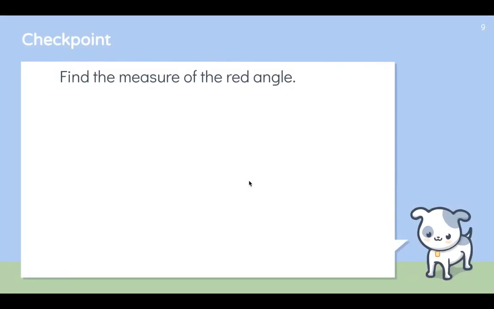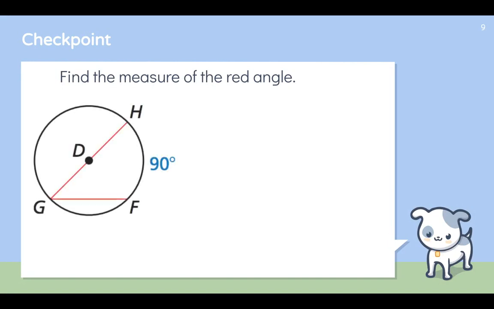Okay, a couple more examples. Let's find the measure of the red angle, which is this angle right here, angle HGF. Notice that angle HGF is an inscribed angle, and it intercepts this arc, arc HF, whose measure is 90 degrees. So how big is this?